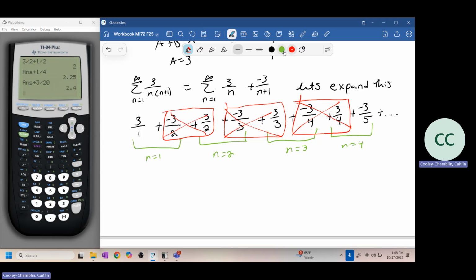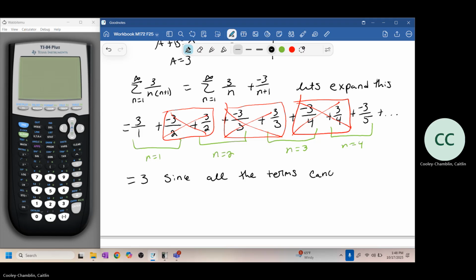So it keeps going. And so we get that this sum is 3, since all the terms cancel after 3.